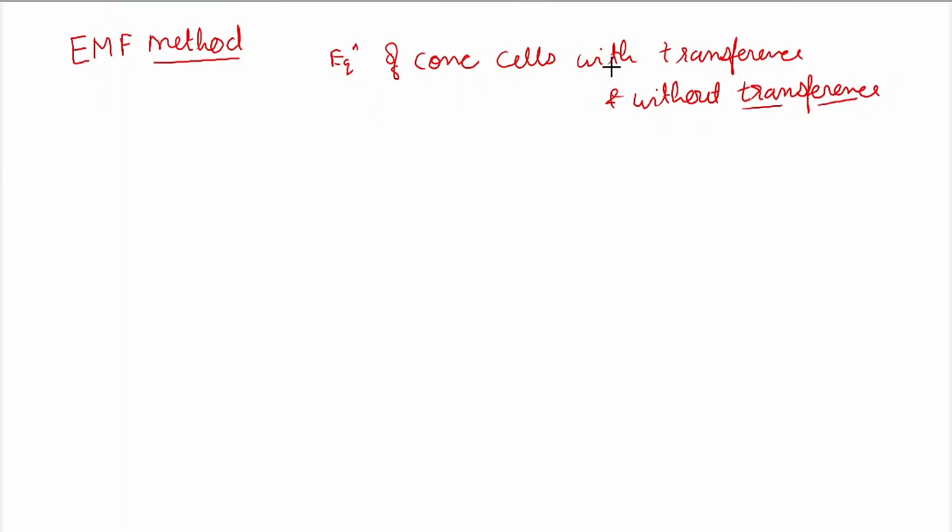Concentration cells with transference means that a liquid junction potential is formed, and without transference means no liquid junction potential is formed.